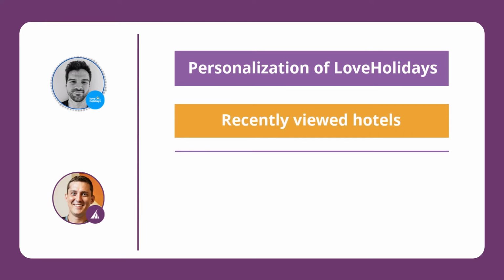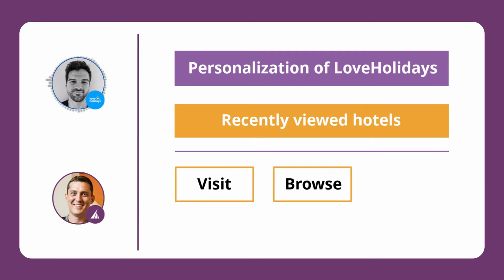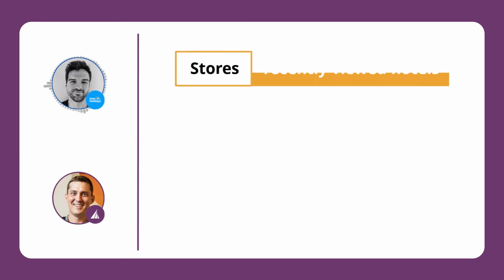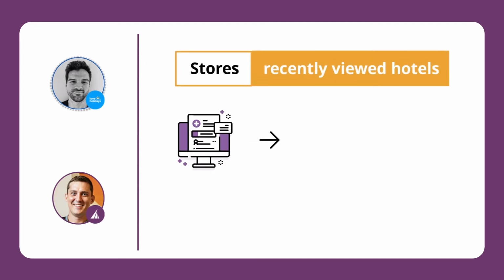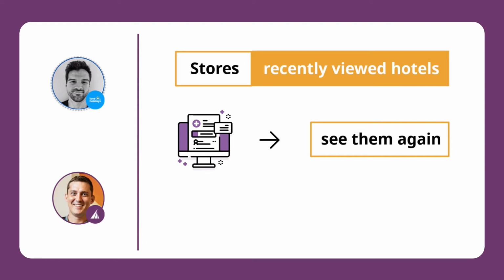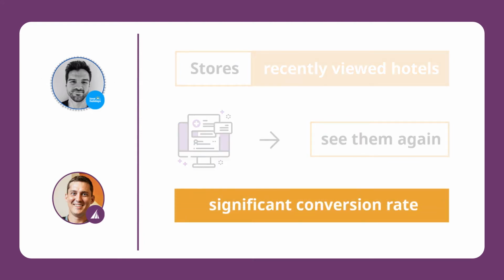A lot of customers use us to browse a lot of hotels and understand what options they have. We have a very dumb feature on the homepage that stores all of those recently viewed hotels on your browser, and you can see them again on the homepage. In fact, it has a pretty significant conversion rate if we remove that.